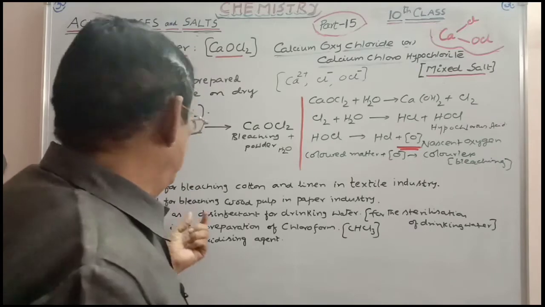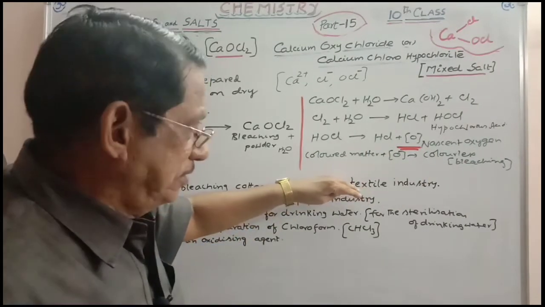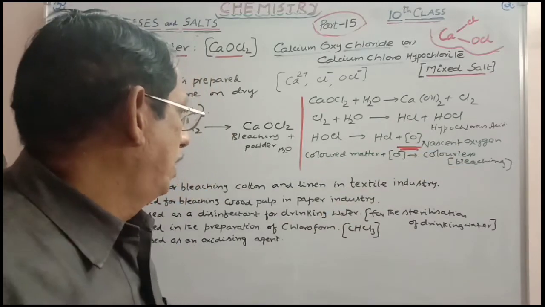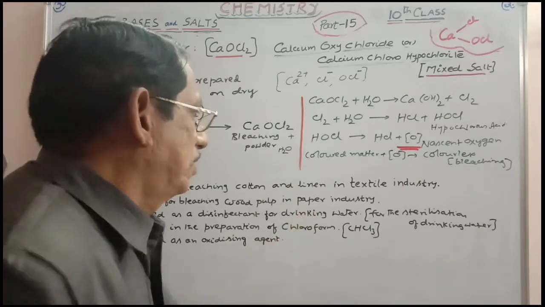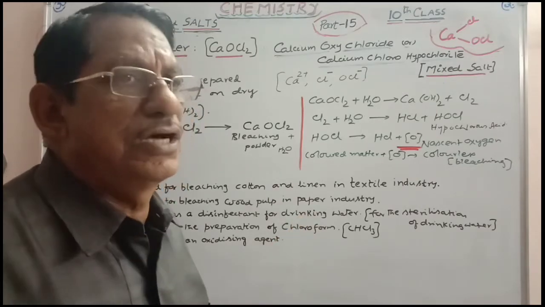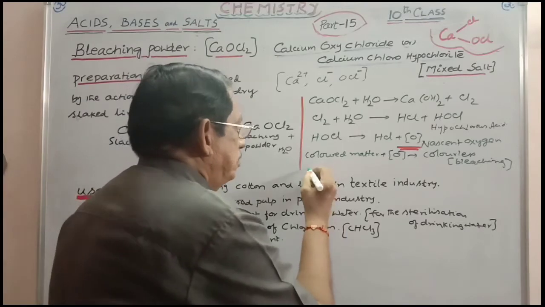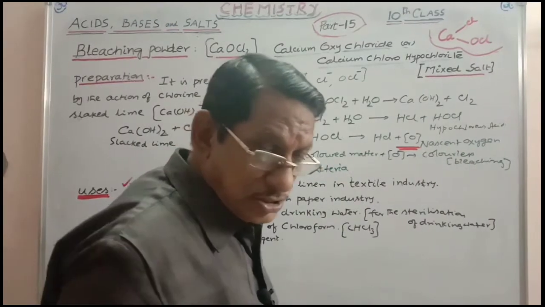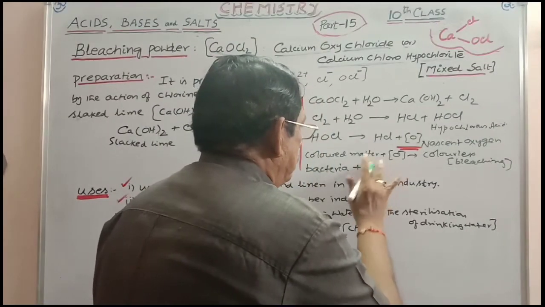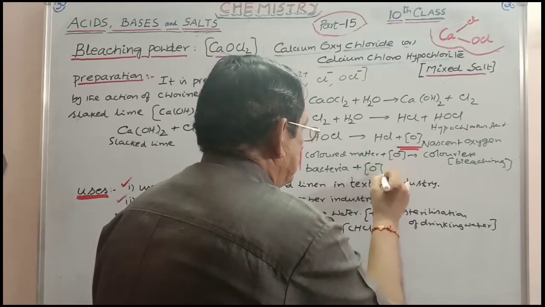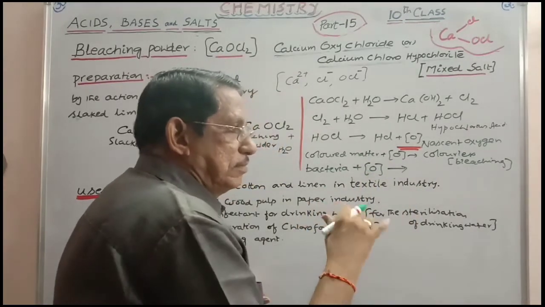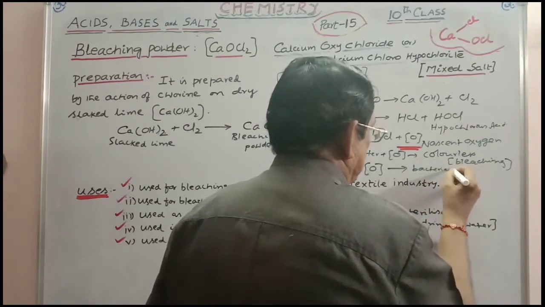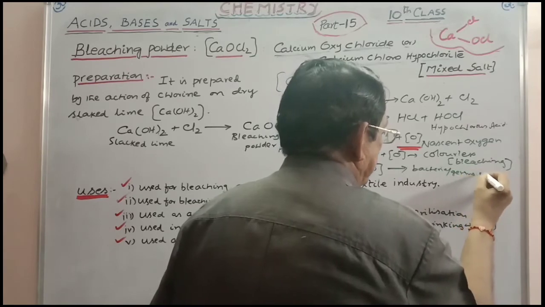Similarly, you can take wood pulp, bleaching action. Wood pulp also contains colored matter. Nascent oxygen converts it into colorless matter. That is bleaching action. And in the case of drinking water, which contains disease causing bacteria, the nascent oxygen reacts with that, and thereby the bacteria or germs present there are dead.